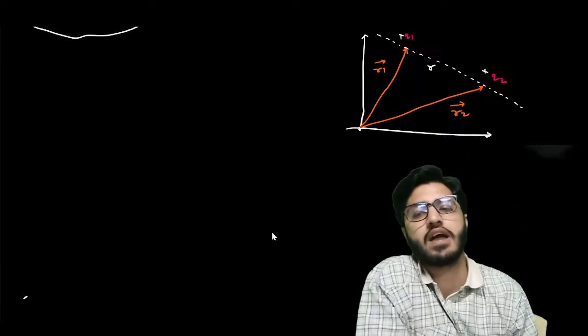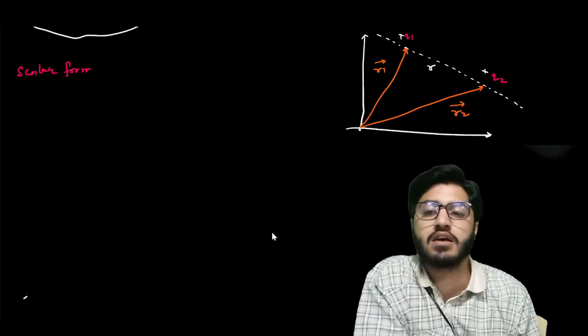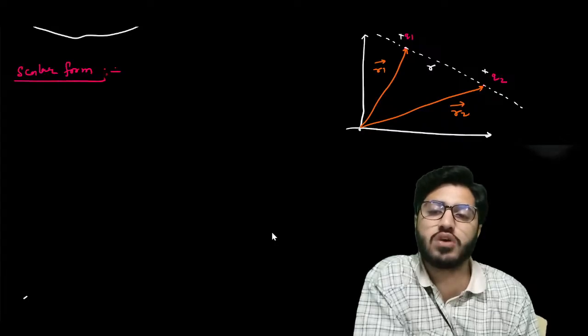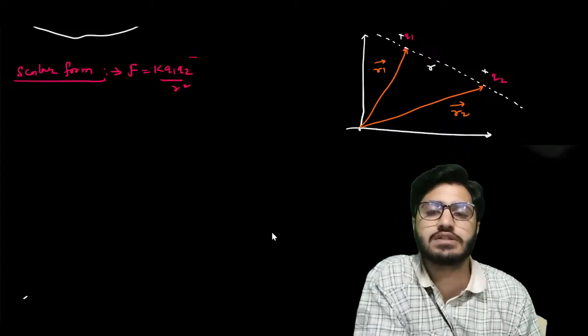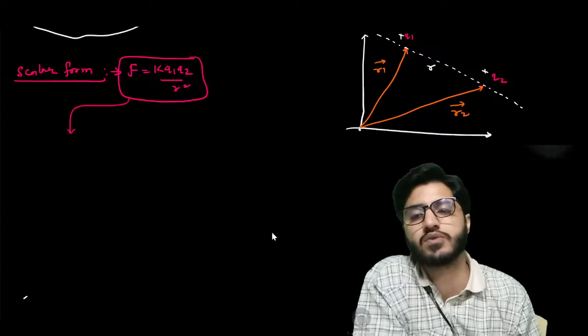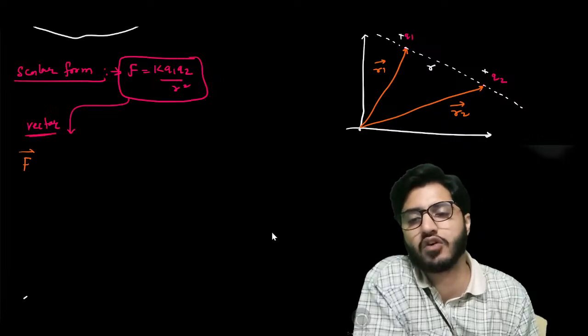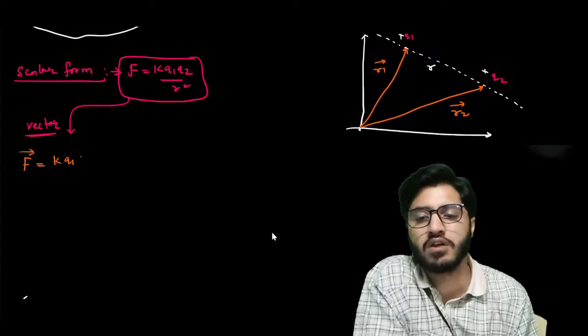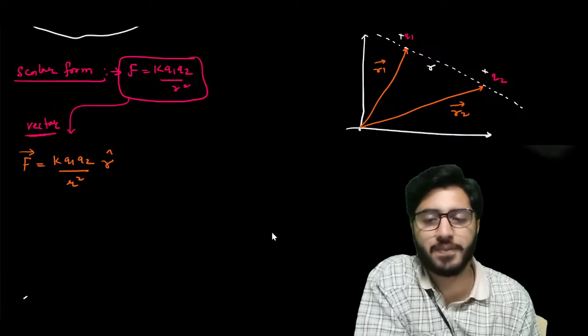Look, if you need to write Coulomb's law in scalar form, you can write F equals K Q1 Q2 by R square. That is the scalar form. If you need to change this into vector form, I will take a vector on F, and on the other side I have to write R cap.